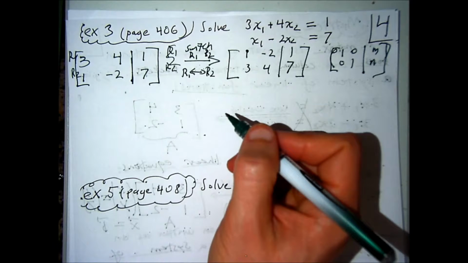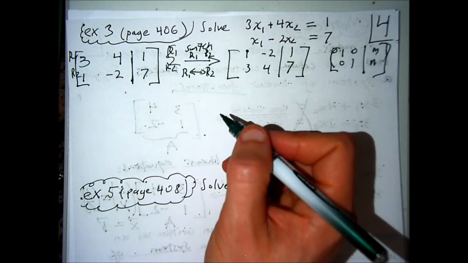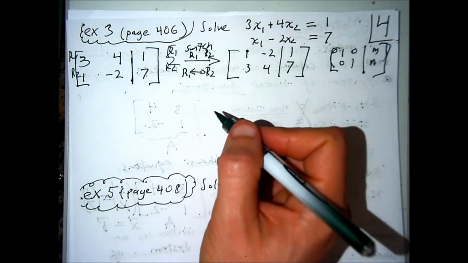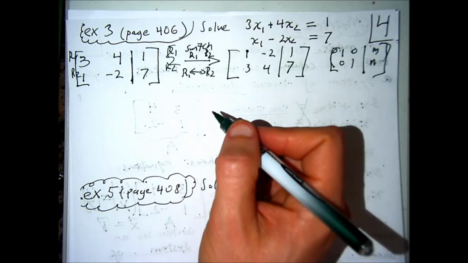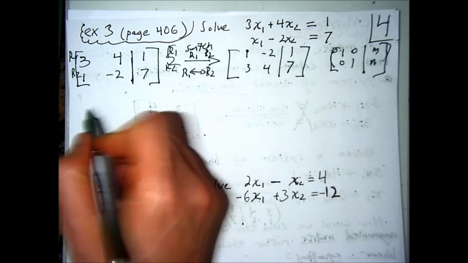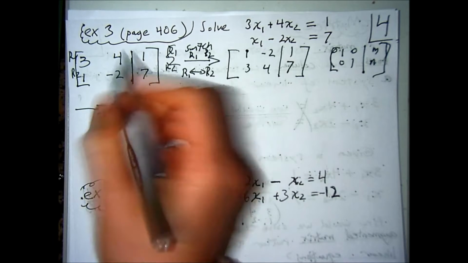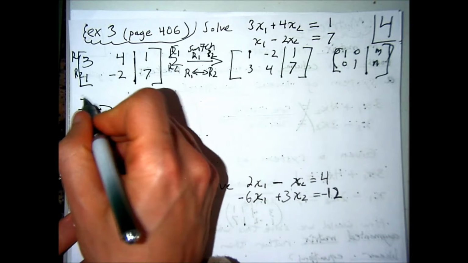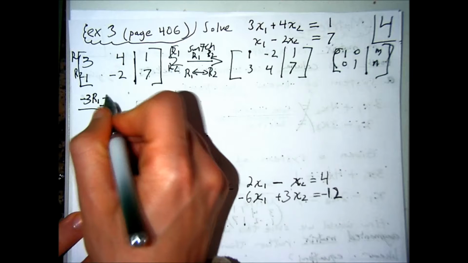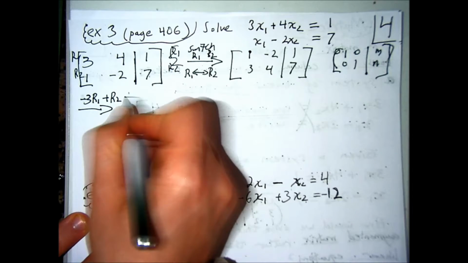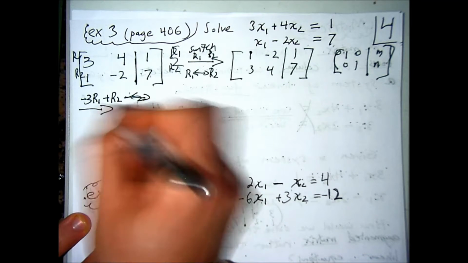Second step. We'll add a multiple of a row to another row. So we're going to add negative 3 row 1 plus row 2.